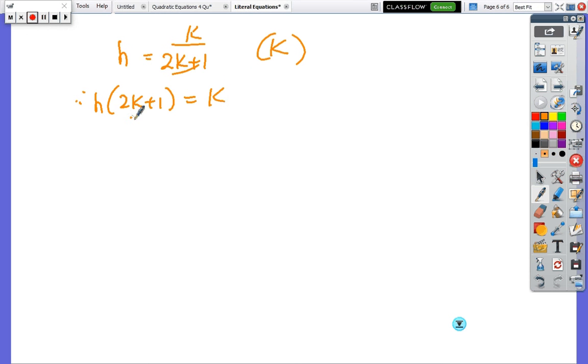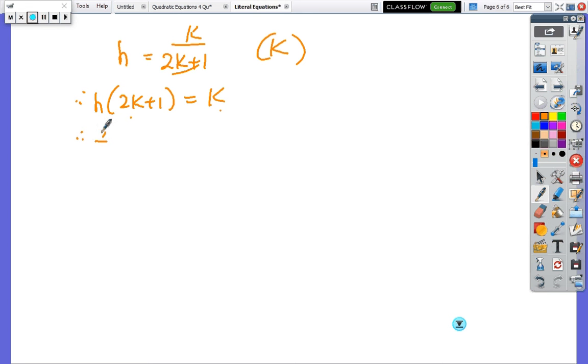Again, I'm just looking at some random ones. Okay, so h equals k over 2k plus 1, and we have to make k the subject. This is one of the harder ones. First thing you do is cross multiply. So h times 2k plus 1 equals k, and we've got k on both sides, so we've got to get them on the same side. So first I'll expand.